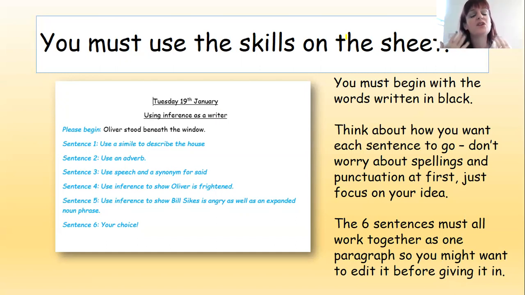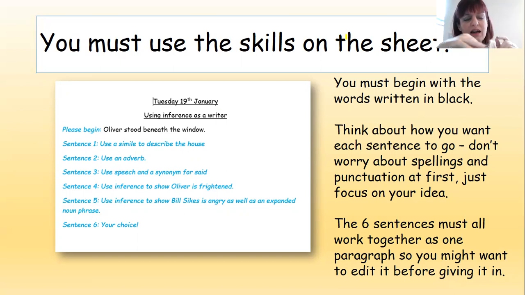I would really like you to just jot down your ideas first, and don't focus too much on worrying about spellings and punctuation. However, the piece that you hand in, you must aim to have spelt it correctly and punctuated it correctly. So you will need to write down your ideas, then reread it as a whole paragraph of writing, and make sure that it makes sense and that it flows, so it's not jerky.